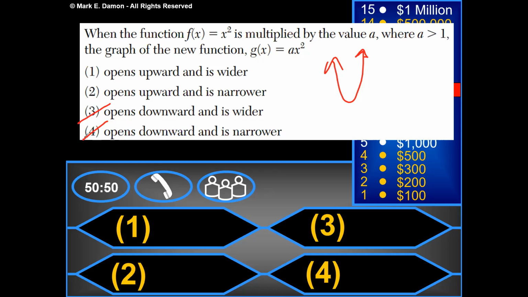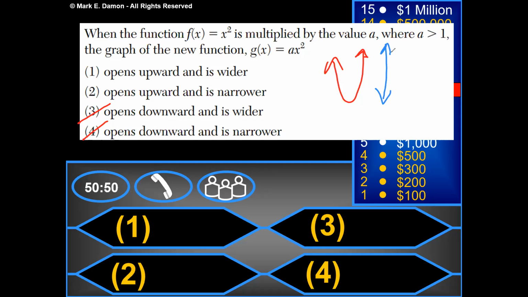The only way for any parabola to be facing downward is for there to be a reflection, and that means you need a negative sign in front of your x squared. And we don't have that. So 3 and 4 are out. Now, the next thing is a little bit tricky because when I was talking to one of my other students, some students think a stretch is left or right. But actually with parabolas, the stretch is up and down.